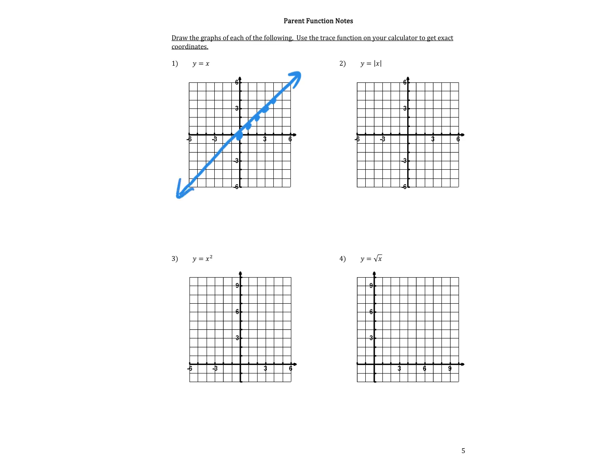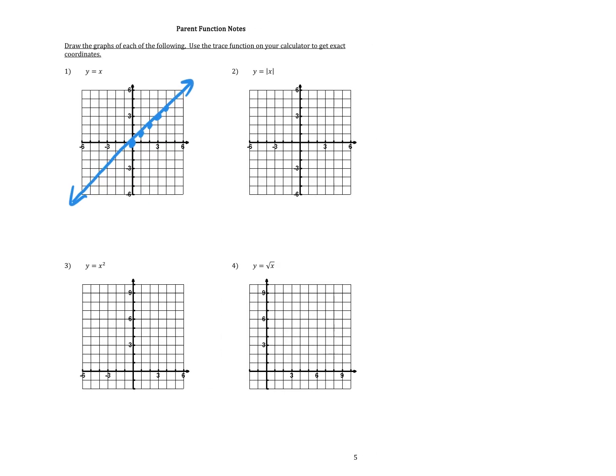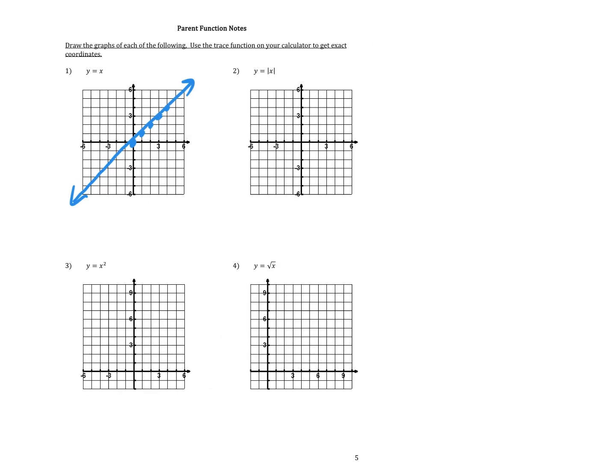Absolute value of x, does that ring a bell to anybody? X squared is a parabola. Absolute value, let's let our calculator help us then. It's like a V. It is a V, but if you want your calculator to help you, everybody, we could go to y equals on your calculator.